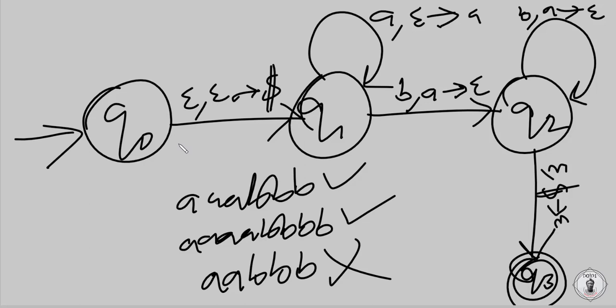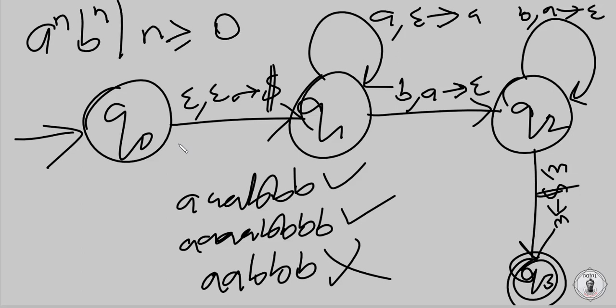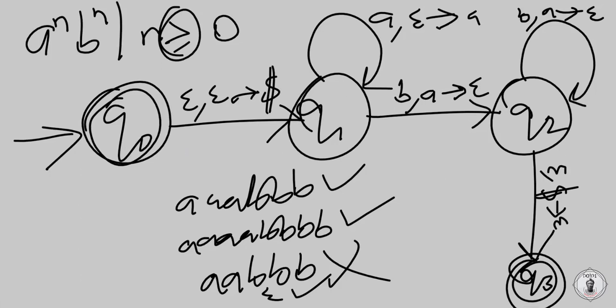But there's one thing still missing, because the language says A raised to the power of n, B raised to the power of n, such that n is greater than or equal to 0. The condition greater than or equal to means that even the empty word satisfies this condition. So I'm going to make this an accept state also. And with that, we have a completed automaton.